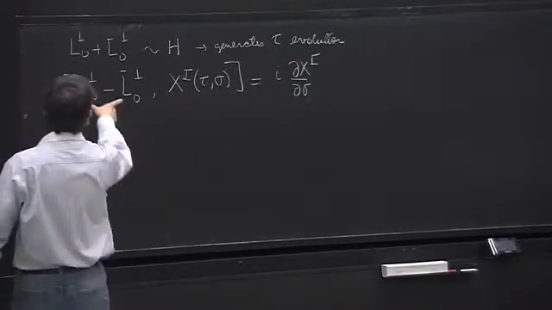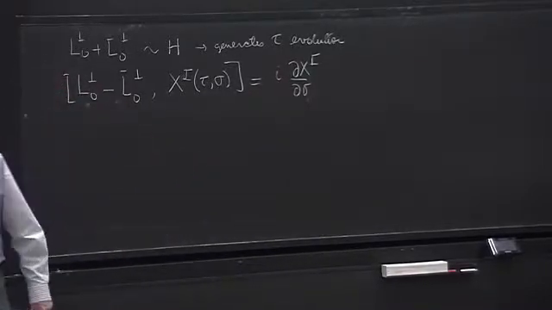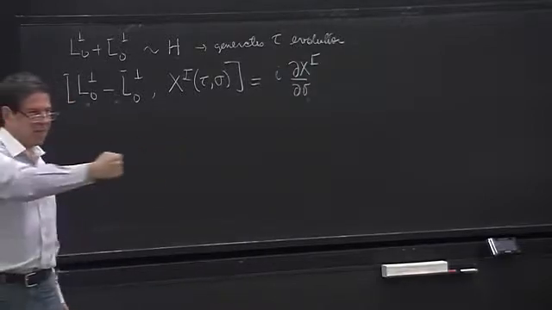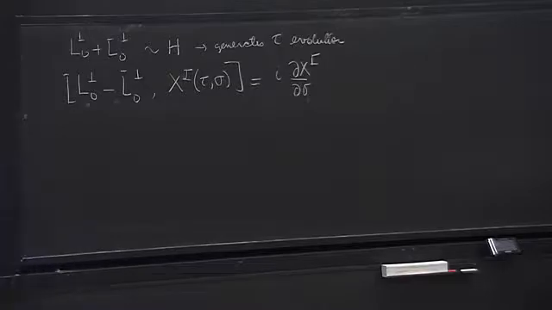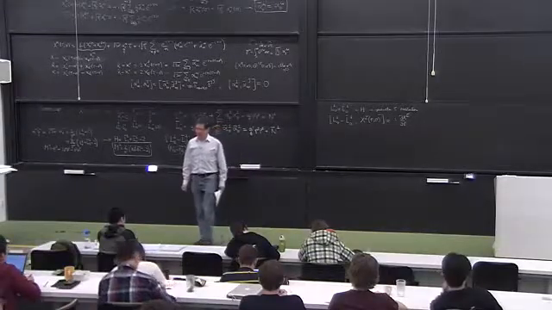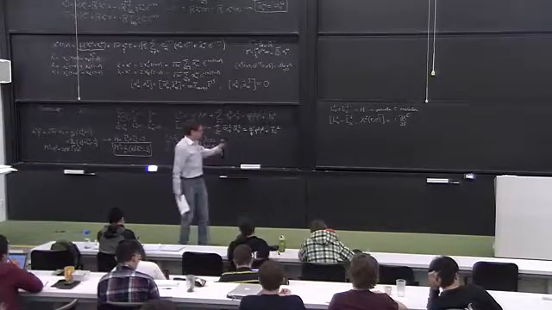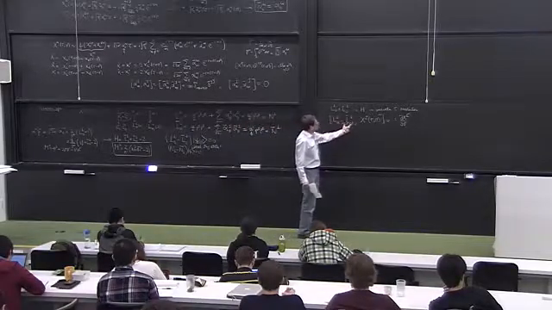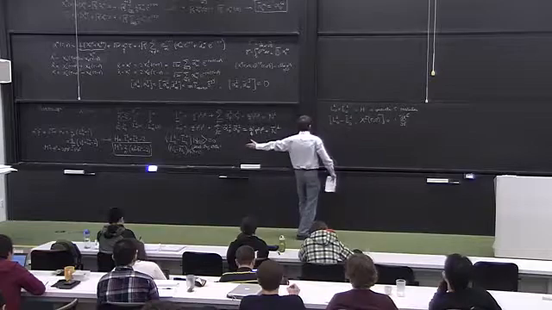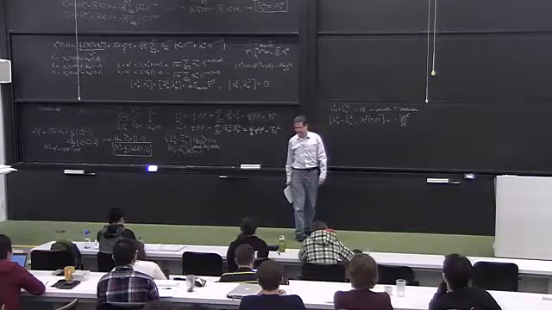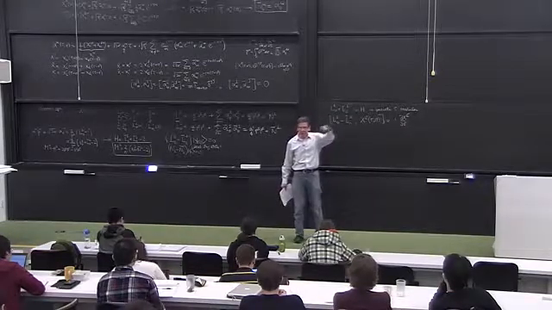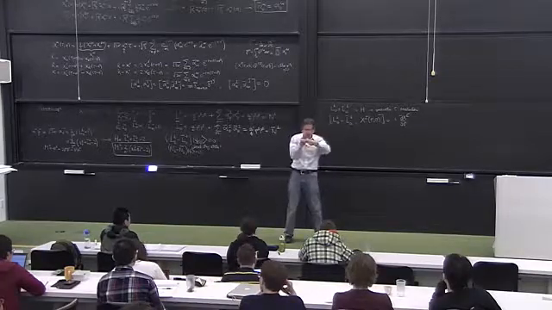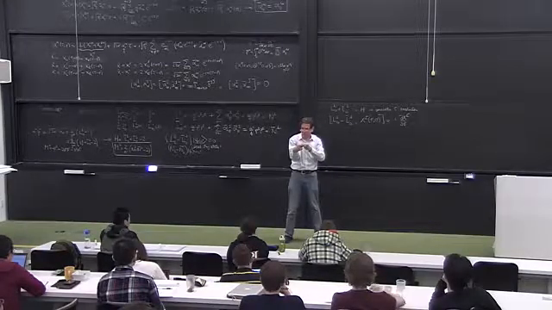L0 minus L0 bar is the generator of sigma translations. What is it saying? The statement is that L0 minus L0 bar generates sigma translations, but it kills all states. It states that all physical states are invariant under constant sigma translations.